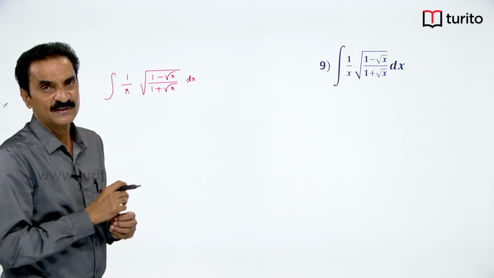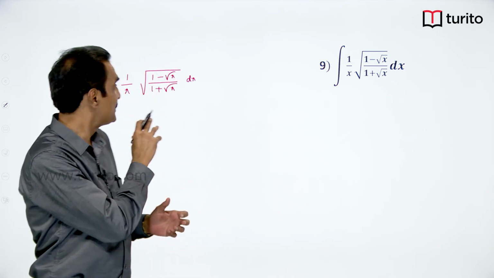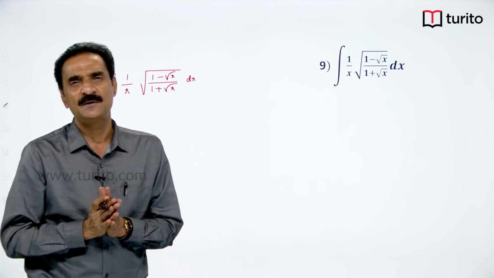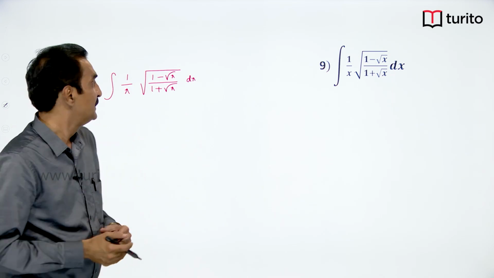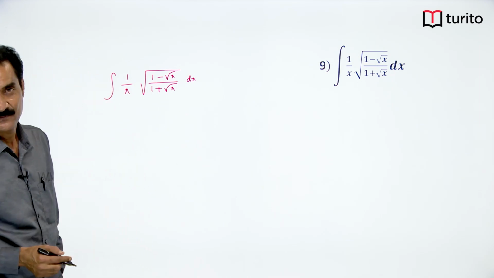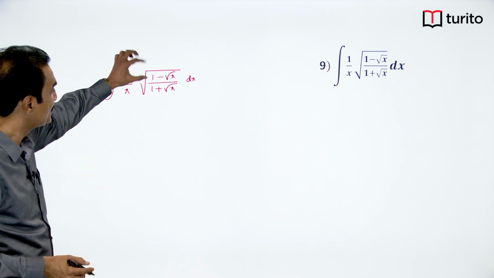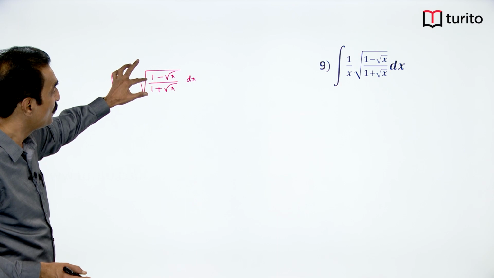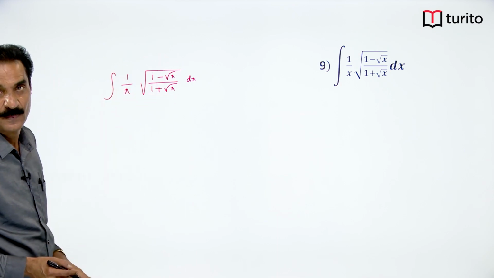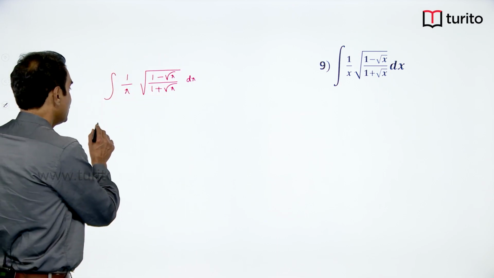When the function is in terms of square roots, usually first we try the rationalization method. Let us rationalize the numerator. For rationalizing, we have to eliminate the square root. So for that, multiply and divide by root over 1 minus root x.